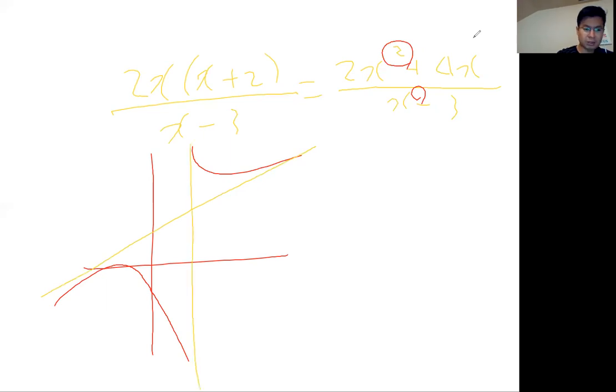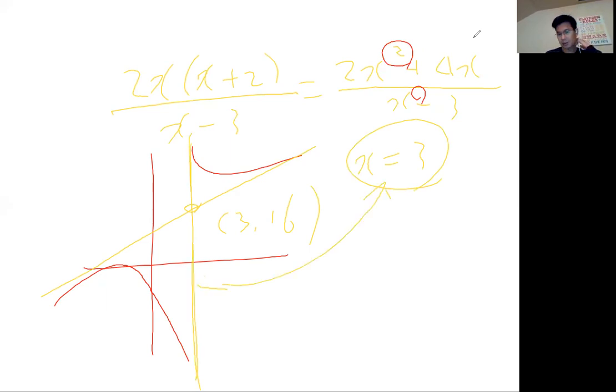And you can find this point as 3, 16. Okay, you're supposed to do the vertical asymptote as x equals 3. So this one has to be x equals 3 because it's the vertical asymptote. And then the horizontal asymptote is also another one. To get the slanted asymptote, you have to do long division first.